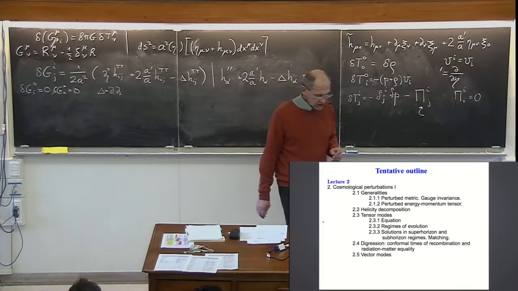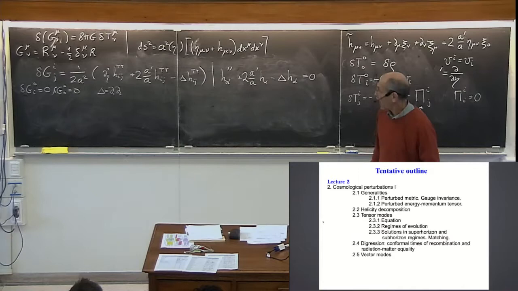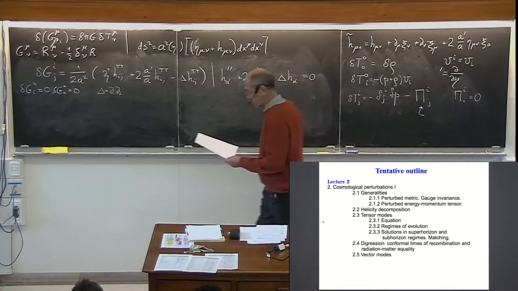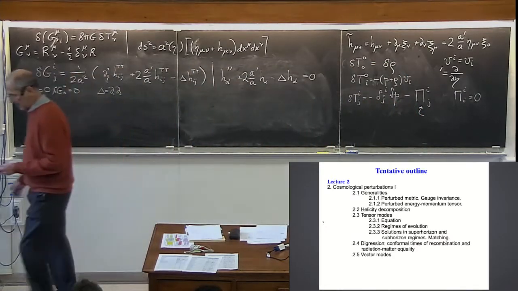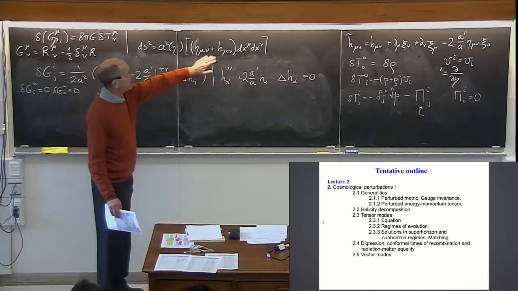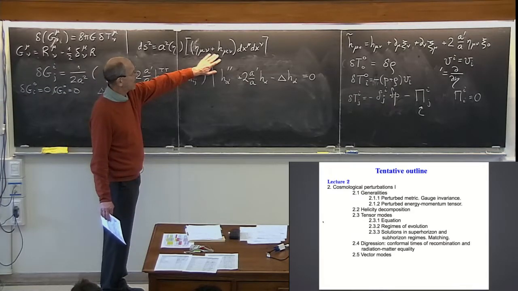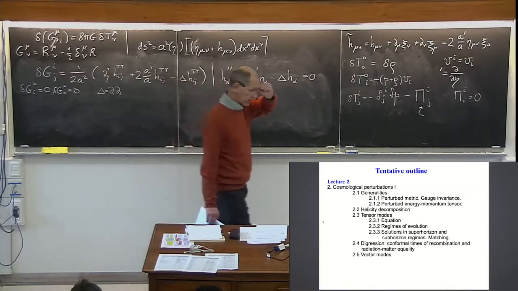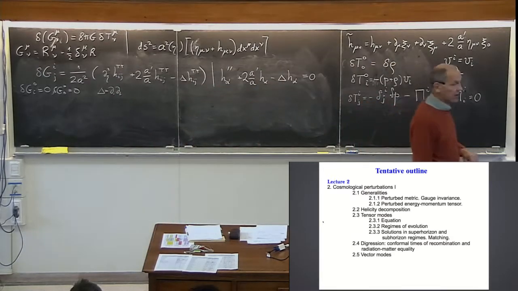Now, eventually, we will also need the quadratic action for transverse traceless perturbations. Again, you can either plug this into the Einstein-Hilbert action and calculate its quadratic part, or you can be smarter.